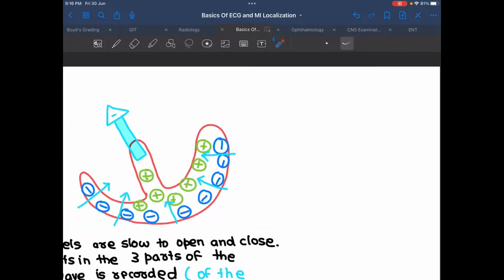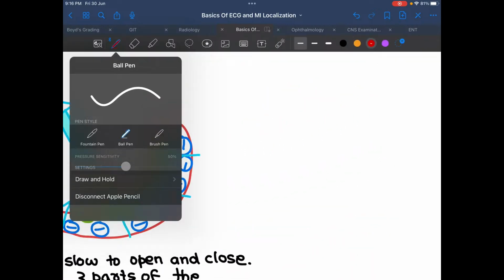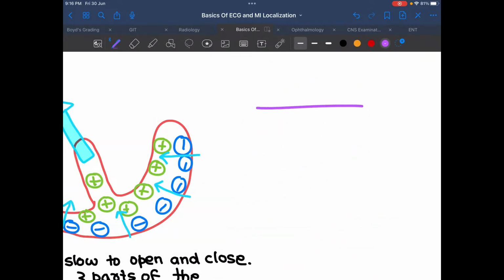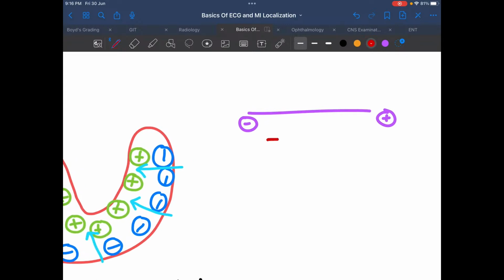So just remember, guys, here's a very short trick for you. If this is my bipolar lead, this is my negative potential and this is my positive lead. Whenever a depolarization vector is moving towards the positive electrode, I'm going to write positive in its head. So whenever any depolarization vector moves toward the positive lead, I'm going to record a positive potential.